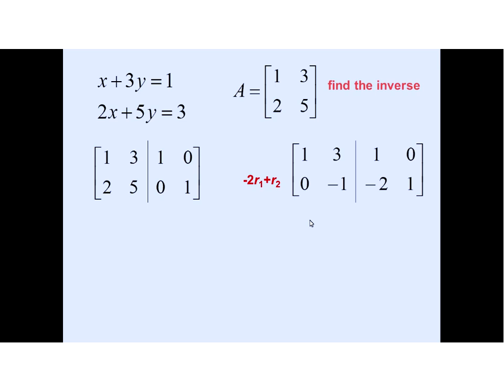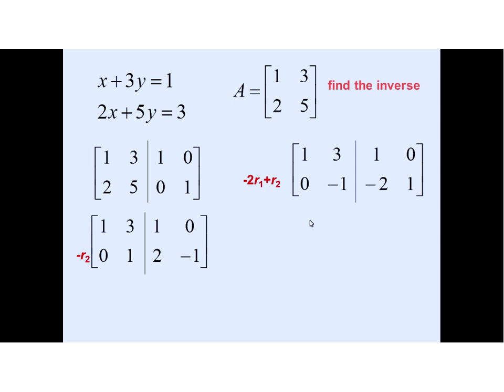I want 0 in place of 2, so I apply the operation minus 2r1 plus r2, and I get 0 over here. Again I want to remove the minus sign, so I multiply r2 by minus 1, and the minus sign is removed.